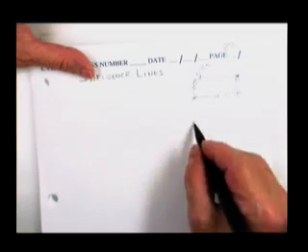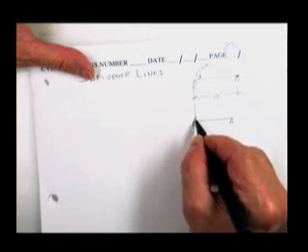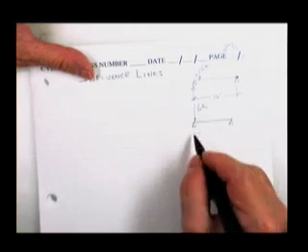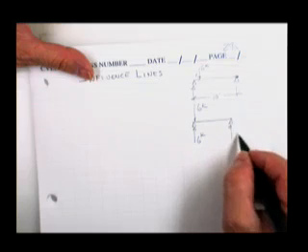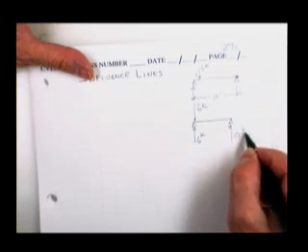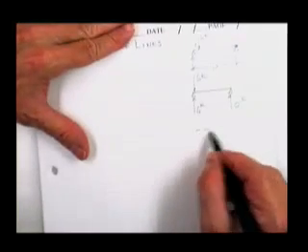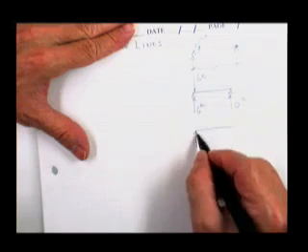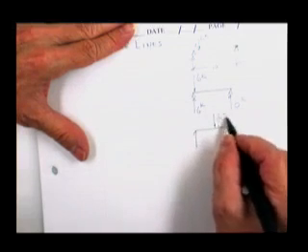And first thing you know, it becomes pretty obvious the place to put the load to get the maximum shear is right over on the left-hand side. That's when one of your reactions will be a maximum. And as you said, to get the maximum moment, you would put the load in the middle.